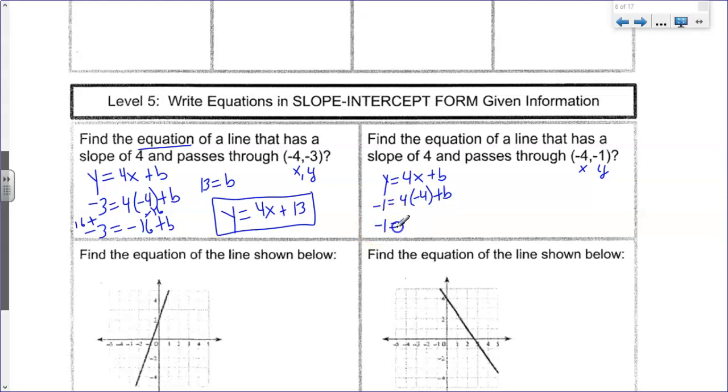So negative 1 equals negative 16 plus b. I add 16 to both sides. Negative 1 plus 16 gives me 15 equals b. So y equals 4x plus 15. If you remember from yesterday, these two have the same slope, so they would be parallel lines.